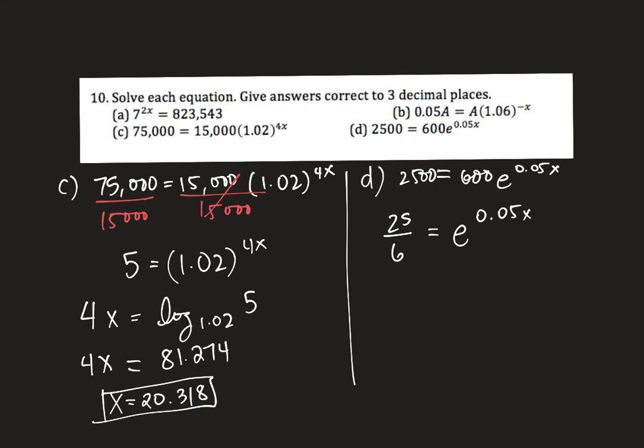I already know I'm going to take logarithm base e. We do know that that's just going to be ln, the natural logarithm. So we have ln of 25 over 6 is equal to 0.05x. So for this, we'll just take the ln of 25 over 6. And this is 1.427.